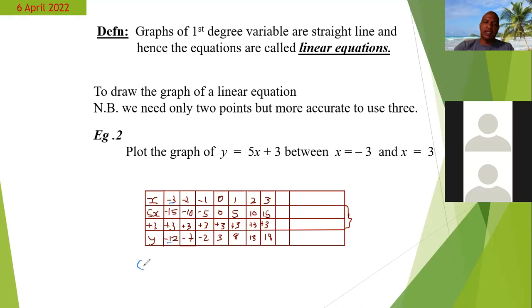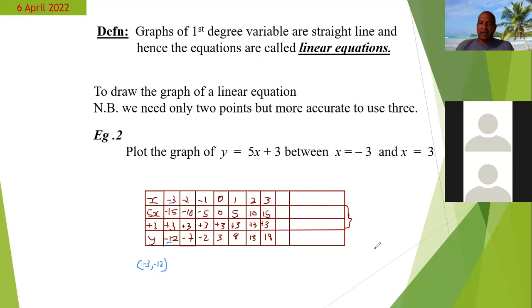So our first coordinate is going to be X equal -3, and then Y equal -12. Remember, these are what we're going to be plotting on our graph. So you choose your X values and your corresponding Y values, you pair them up to give you these ordered pairs, and these are what you plot on your graph.